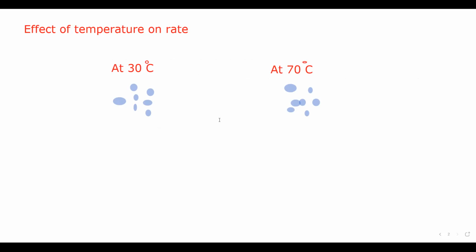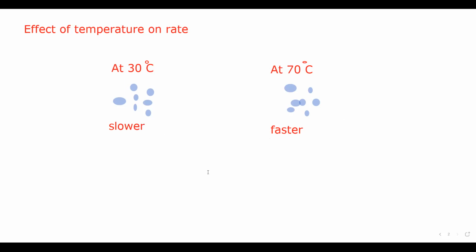At which temperature are the reactant particles moving faster, at 30 or at 70? The second one, B, because the temperature is higher, so the reactant particles are moving faster. Here the reactant particles are moving slower.